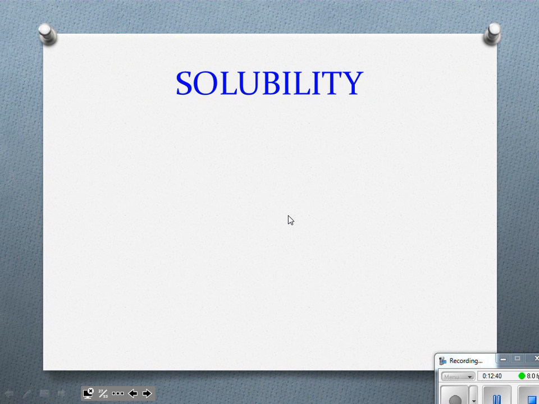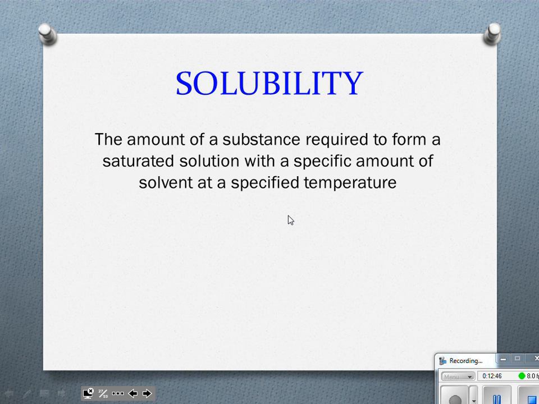Well, what is solubility? What is solubility? The solubility is the amount of a substance required to form a saturated solution with a specific amount of solvent at a specified temperature.